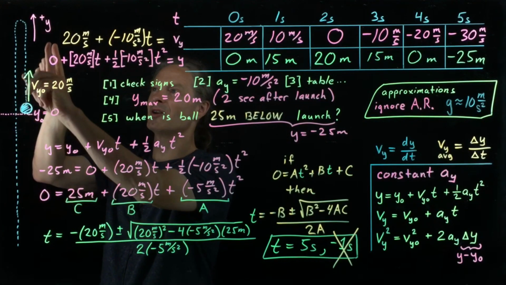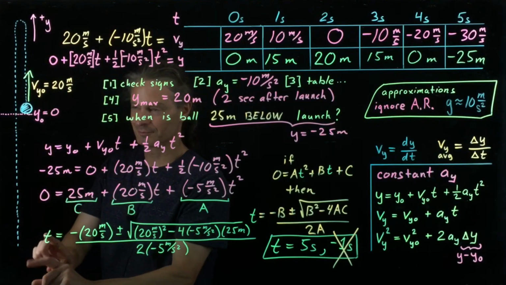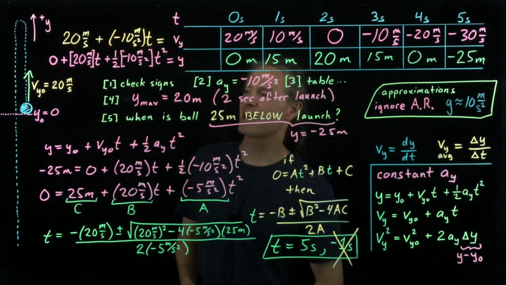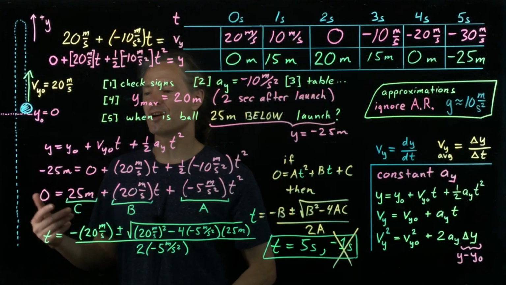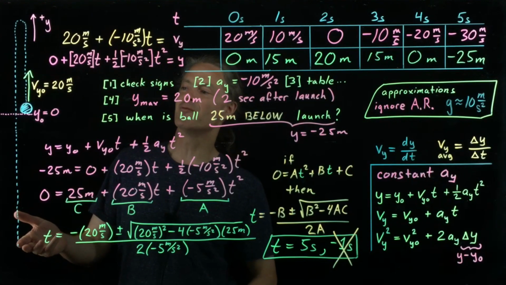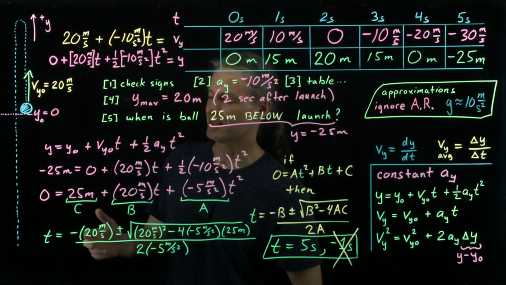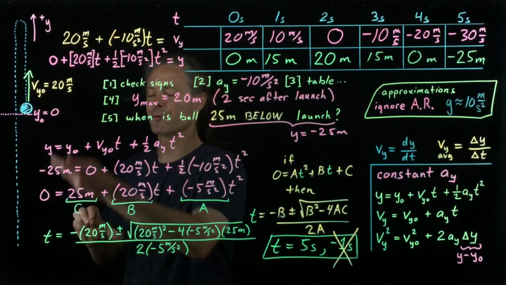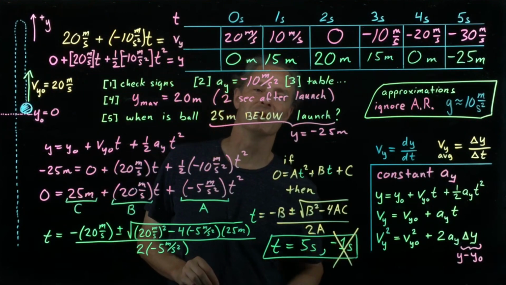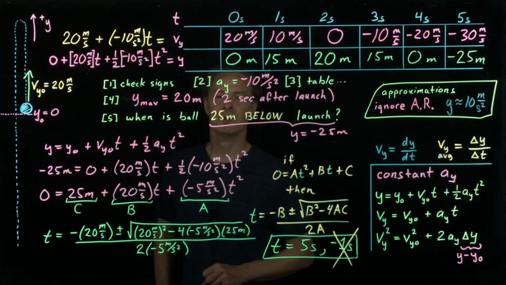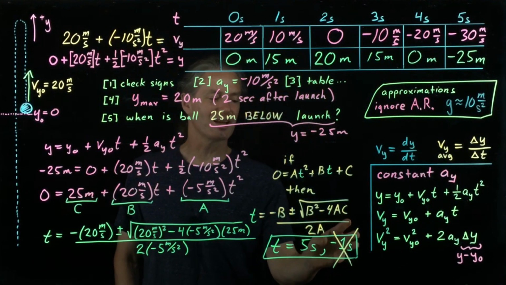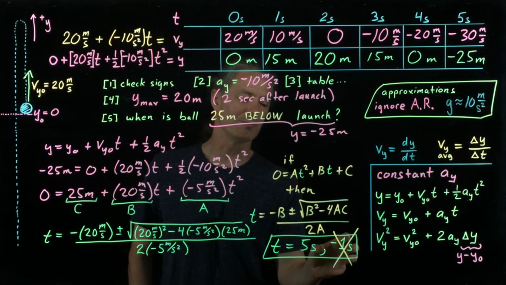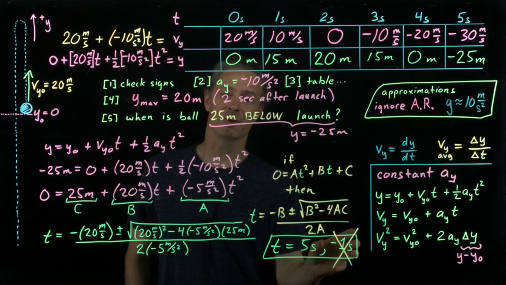And these balls then travel together. So the question I could ask is, when was that other ball 25 meters below my launch point? The answer is that would have happened 1 second before I threw the ball. That's what this negative 1 second corresponds to. So sometimes, even when you have an answer that's outside the range of your problem, there's an interesting story that goes with it.